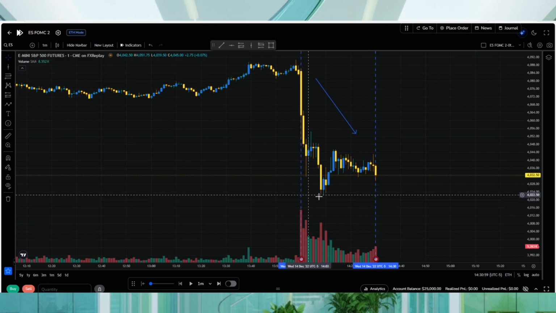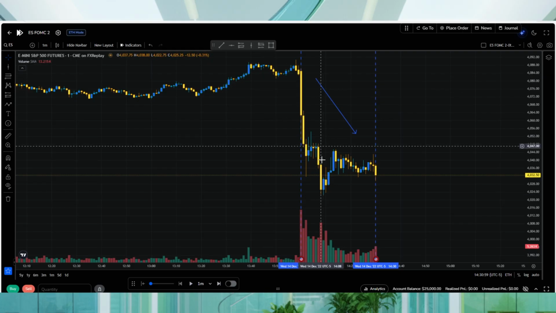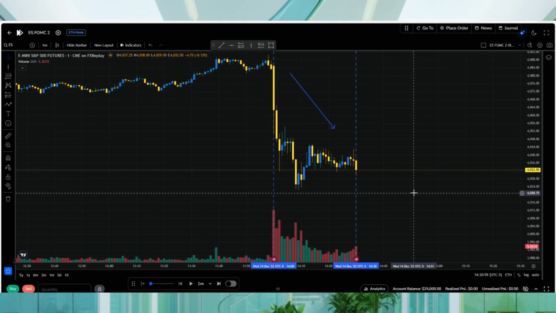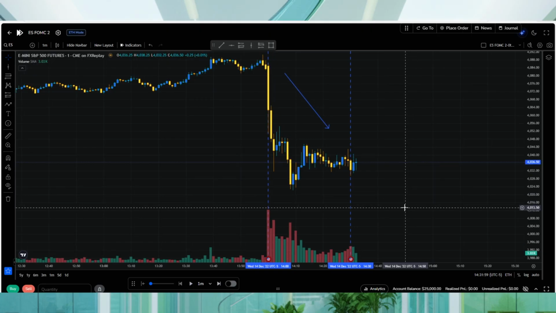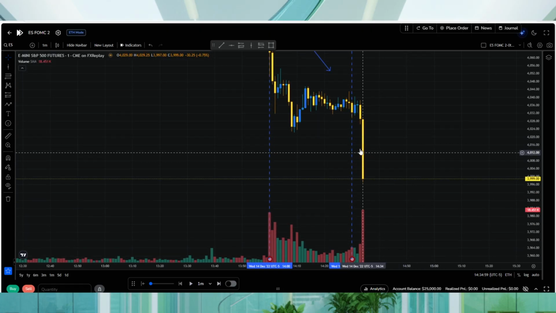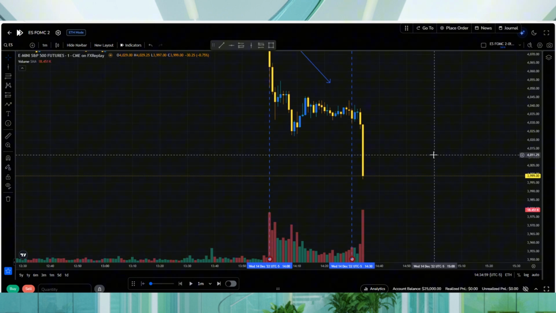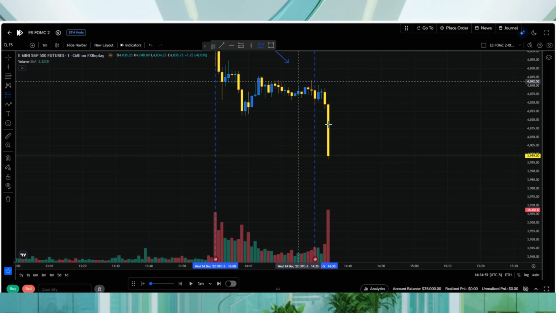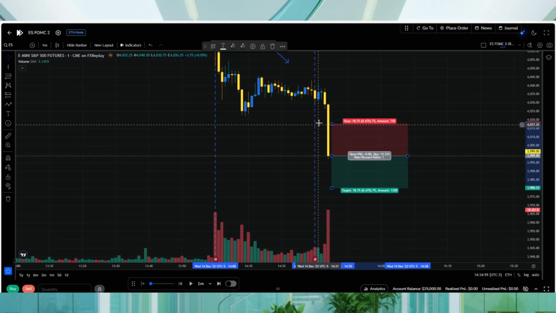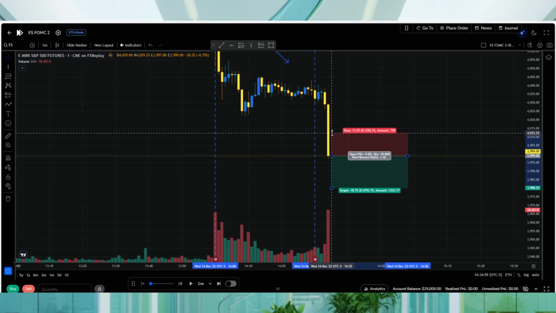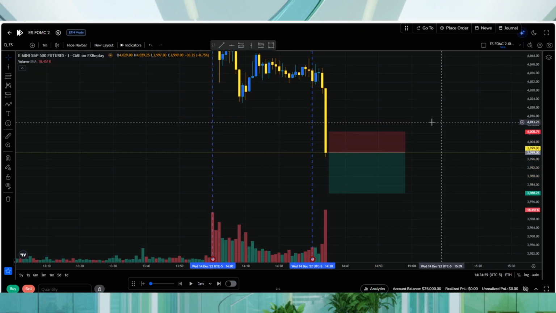All right, and so the market's trending down. We got lower lows and lower highs, and we're just going to look for an entry here. Here is our first entry. And I'm looking for strictly a 2-to-1 risk reward.